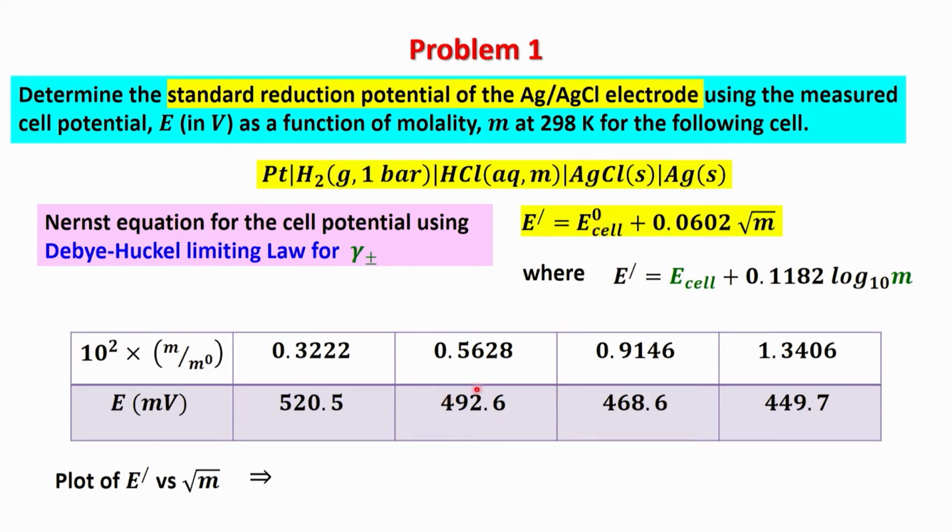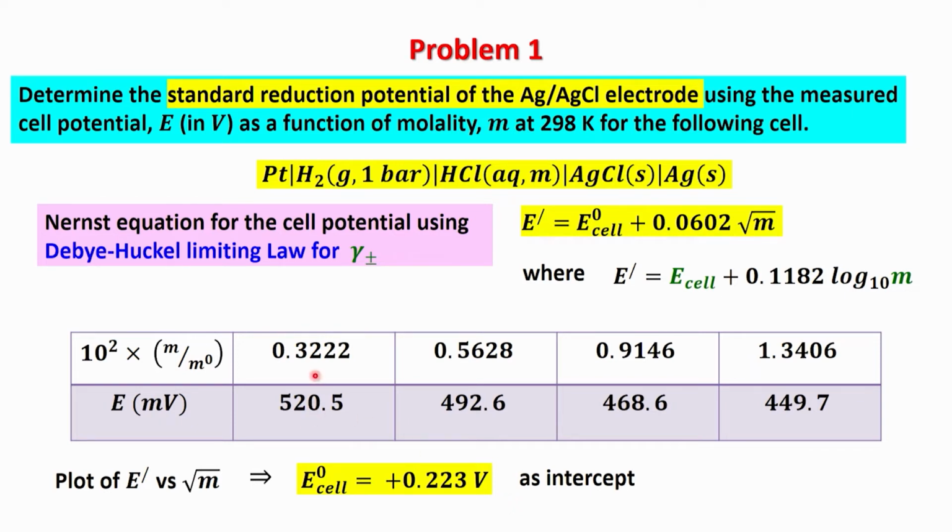And we already know that E naught cell is nothing but the standard reduction potential of the silver chloride silver electrode, and therefore, from the intercept you should be able to show that the standard reduction potential that I was aiming to obtain is nothing but 0.223 volt.